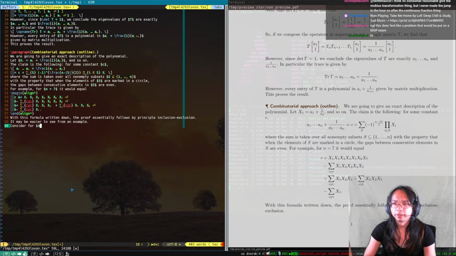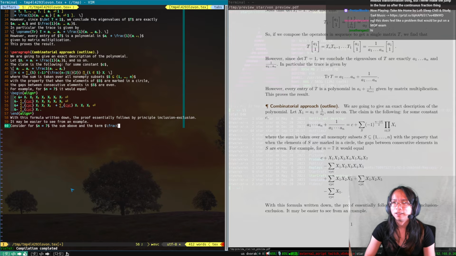Consider for n equals 7 the sum above and the term x1, x2, a1, a2, let's say over a6.